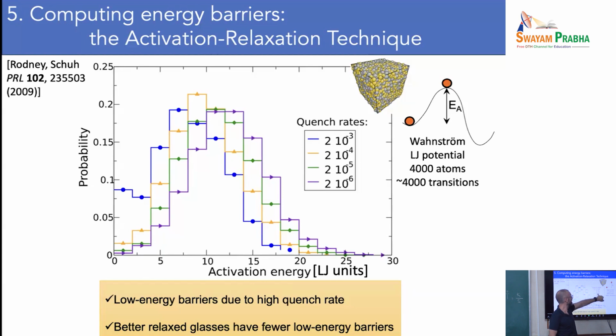So that would be 10 to the 8, 10 to the 9, and that would be on the order of 10 to the 10 Kelvin per second. So even our lowest quench rate is humongous compared to experimental quench rates.